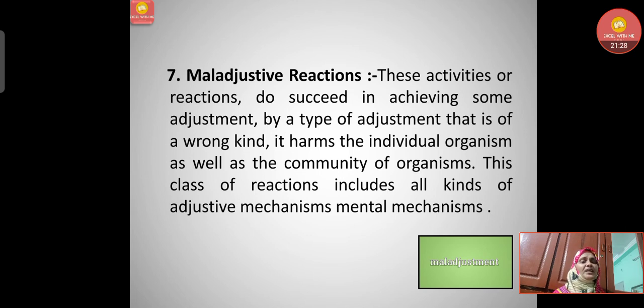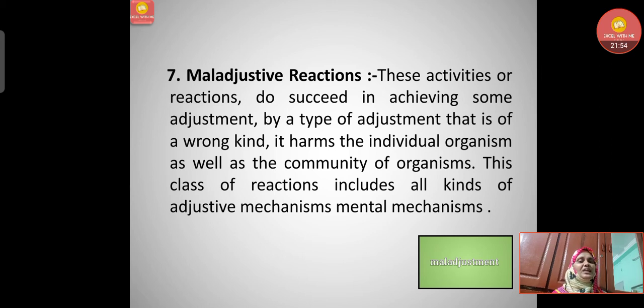Next one is maladjustive reactions. These activities or reactions do succeed in achieving some adjustment, but by a type of adjustment that is of a wrong kind. It harms the individual organism as well as the community of organisms. This class of reactions includes all kinds of adjustive mechanisms, mental mechanisms.